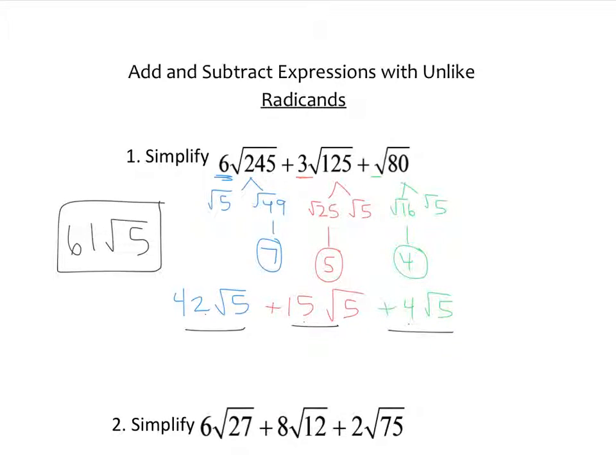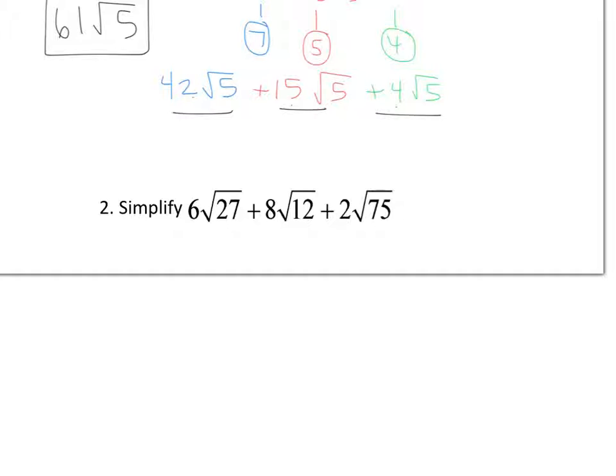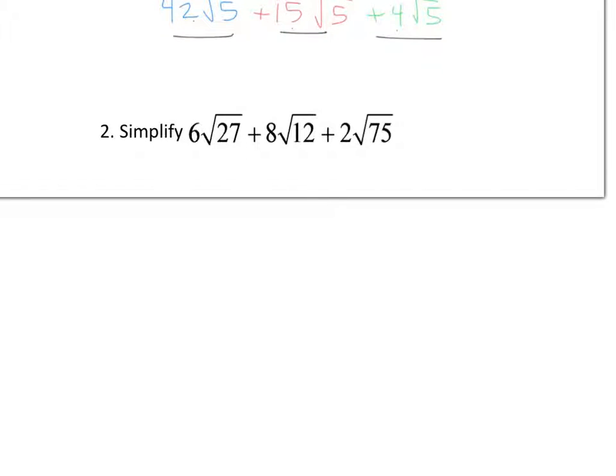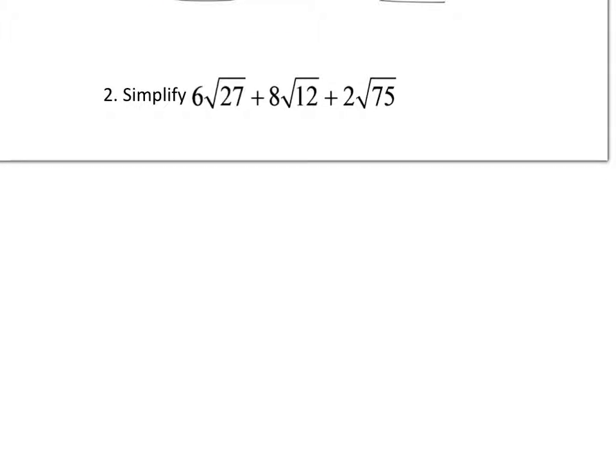All right, let's look at number 2. Number 2 says simplify. Again, some terms don't appear to be like radicands, but we can be thinking perhaps they might turn into like radicands. Let's look at 6 square roots of 27. I'm going to break down 27 into the square root of 9 and the square root of 3, and out comes a 3.